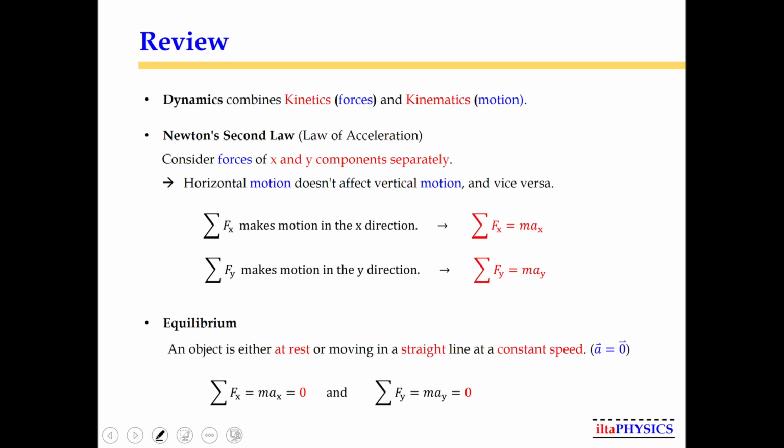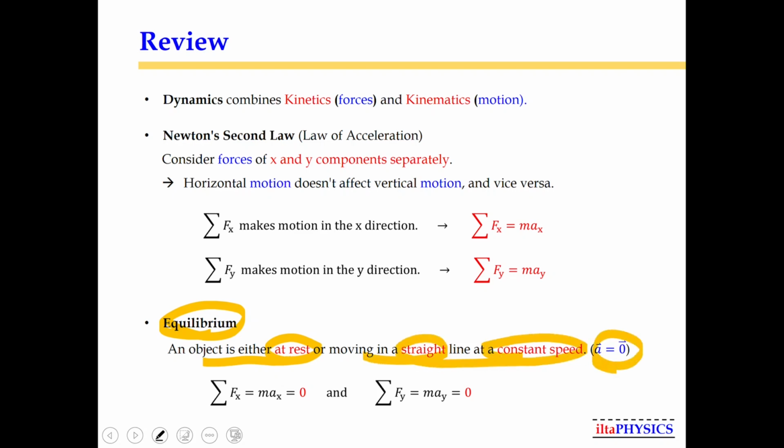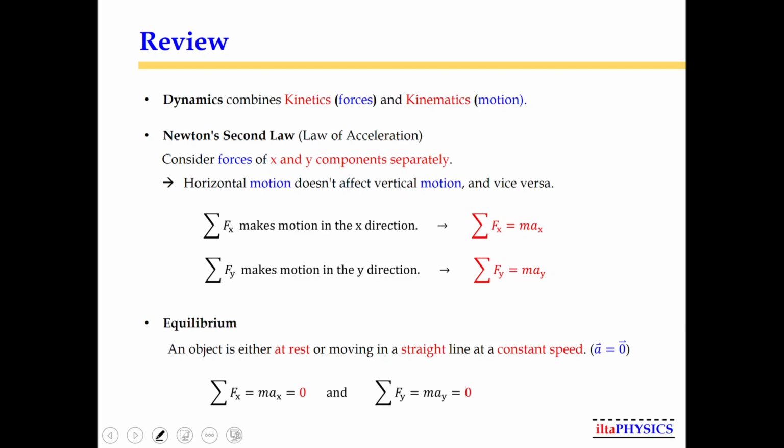Finally, we also studied one of the most basic states of motion, equilibrium. Equilibrium means that an object is either at rest or moving at a constant velocity. In other words, there's no acceleration. According to the law of acceleration, if acceleration is zero, the sum of forces in both horizontal and vertical directions must also be zero.